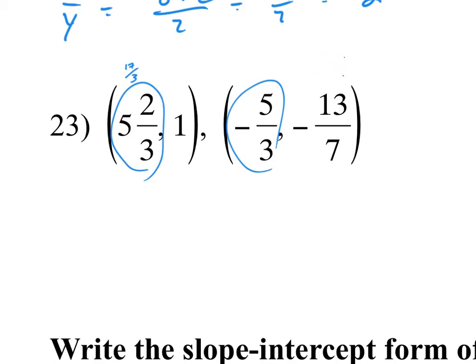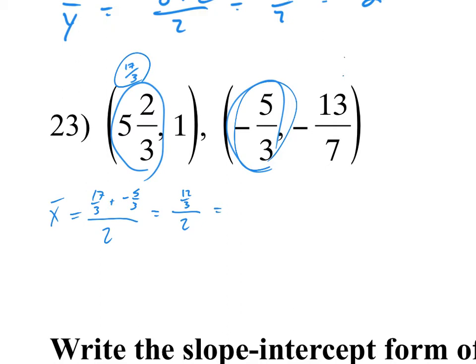Okay, so now let's get to averaging them. We're going to take this and average them. So 17/3 plus -5/3 over 2 should be the average of our x's. This should be 12/3 over 2. 12/3 is 4 over 2, should be 2. Yep, 2, I like it.